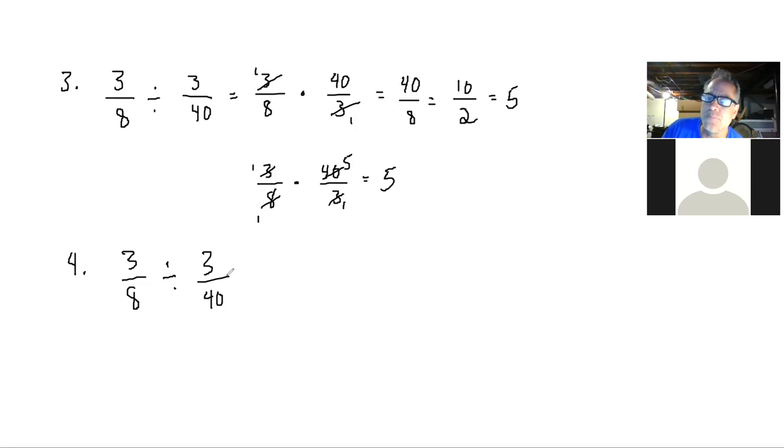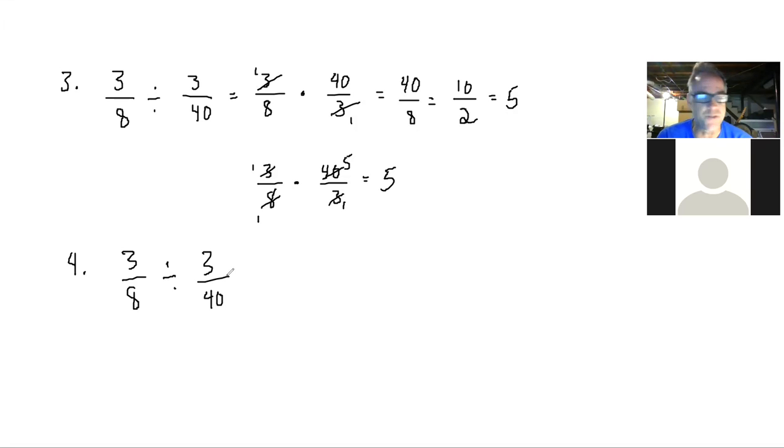You aren't looking at the problem like I'm looking at the actual problem. So I'm going to read the instructions. The instructions say divide, write your answer in lowest terms and as a whole or mixed number if possible.